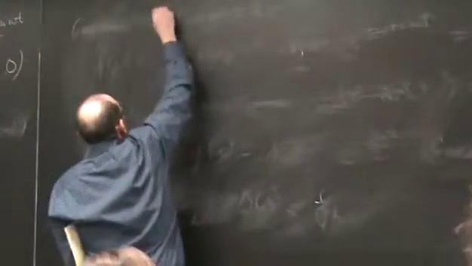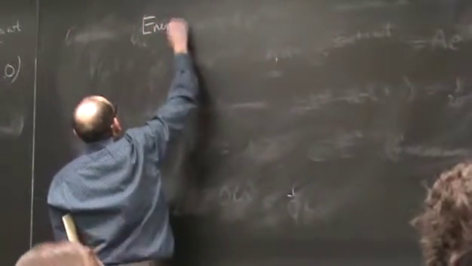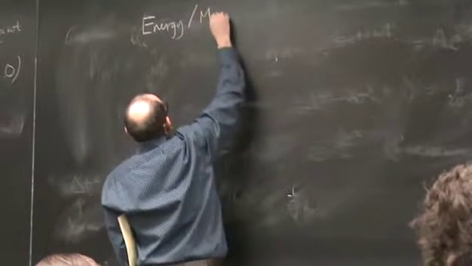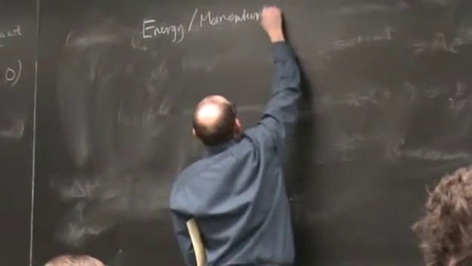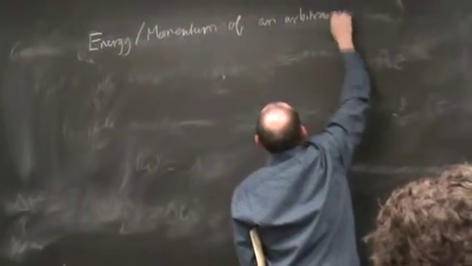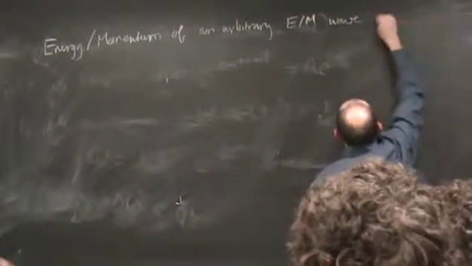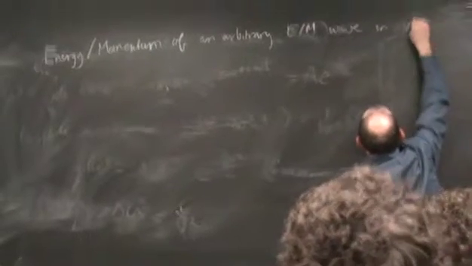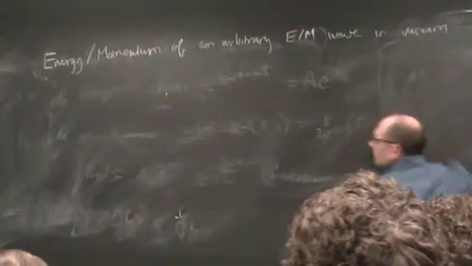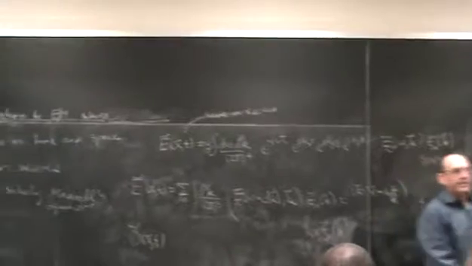So what I want to say is, what is the energy and momentum of an arbitrary electromagnetic wave in vacuum? Not necessarily a plane wave. We have written here the general form of such a wave as a Fourier integral over plane waves.